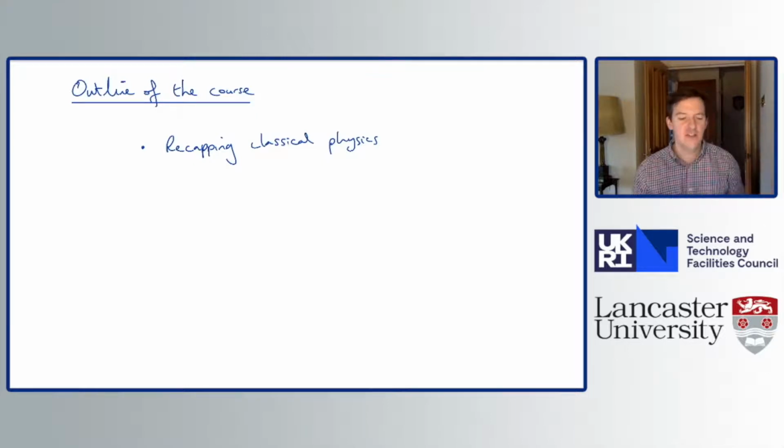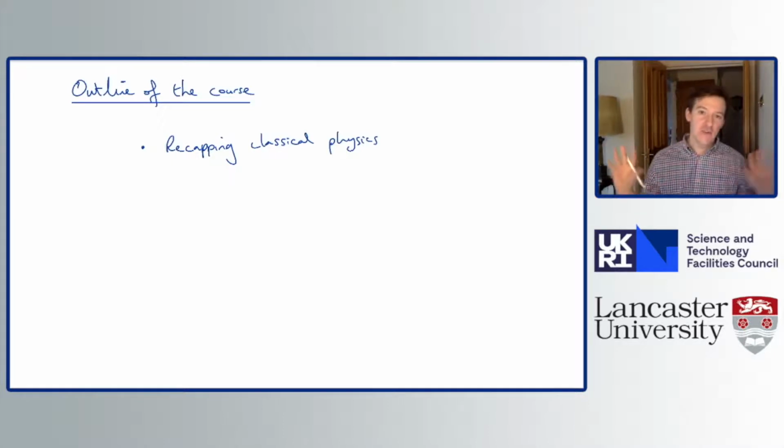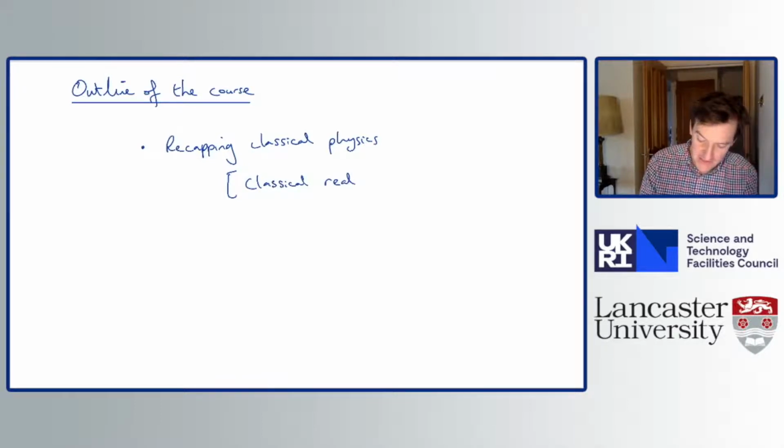And this is one of the challenges of quantum field theory, I think, is that it's a course which has a lot of concepts coming from different parts of physics, and it can be technically demanding as well, okay? So I want to ensure that you are familiar with those concepts from classical physics, because if not, it'll make the course much more difficult. And in particular, the classical thing we're going to look at is the classical theory of the real scalar field.